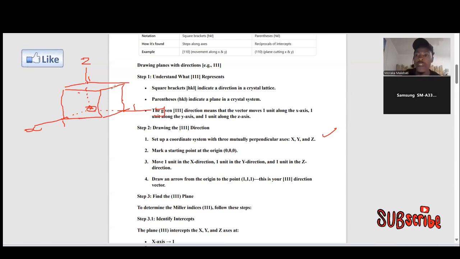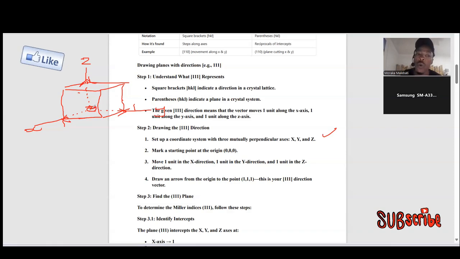And then you are able to draw an arrow from the origin to the point 1 1 1. This is your direction. Okay. Remember, the direction tells us about the movement.